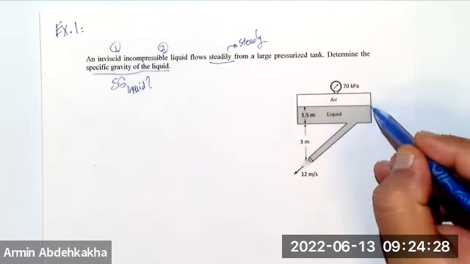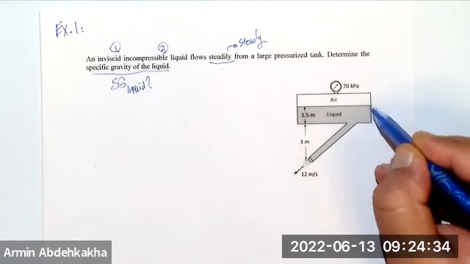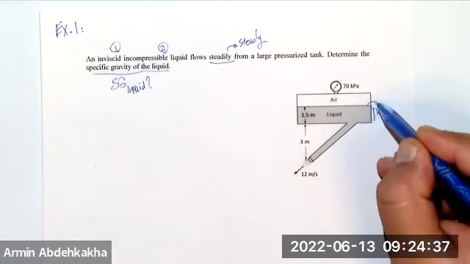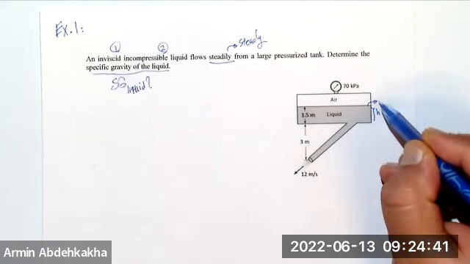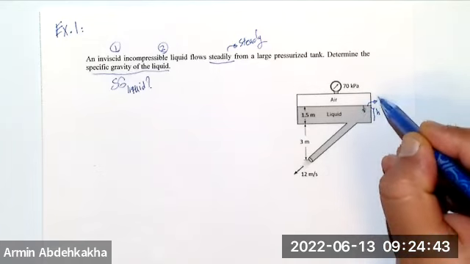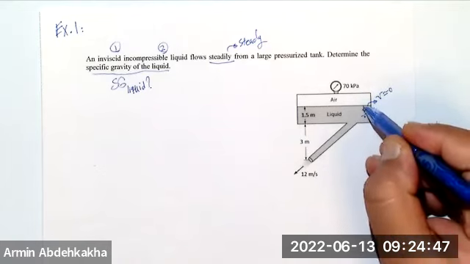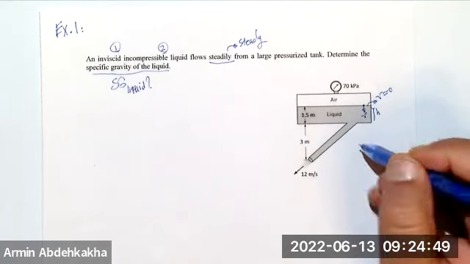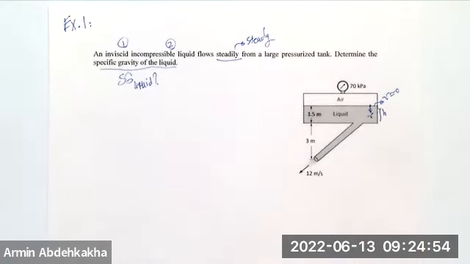Similar means that the change of height here is not much, right? If the height change is not much, then the velocity of this surface of the liquid that comes down is almost zero. These two can be understood from this equation, the equation or sentence.